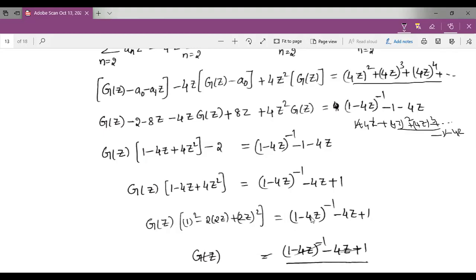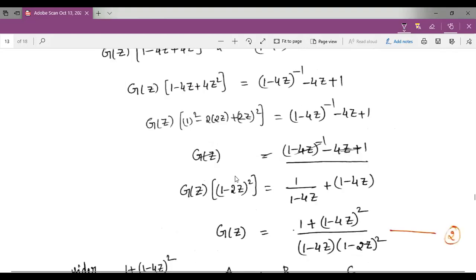So g(z) into (1 minus 2z) square is equal to 1 by (1 minus 4z) minus 4z plus 1, which can be written as 1 plus (1 minus 4z) square.